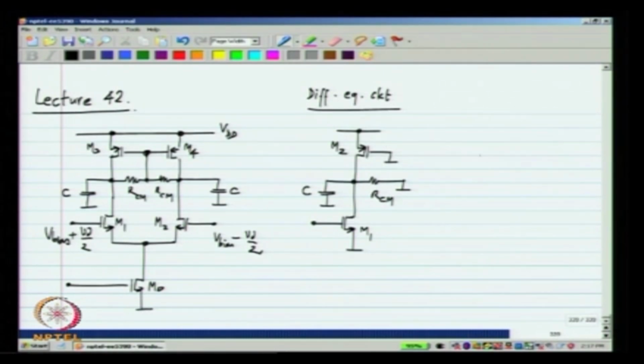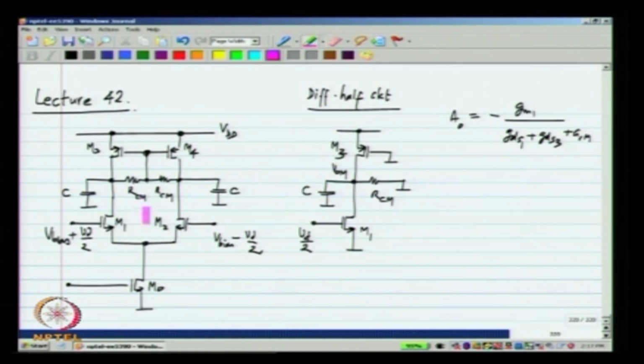So the differential equivalent circuit, the differential half circuit, has a DC gain, that is from Vd by 2 to Vom, of minus Gm1 by Gds1 plus Gds3 plus Gcm.